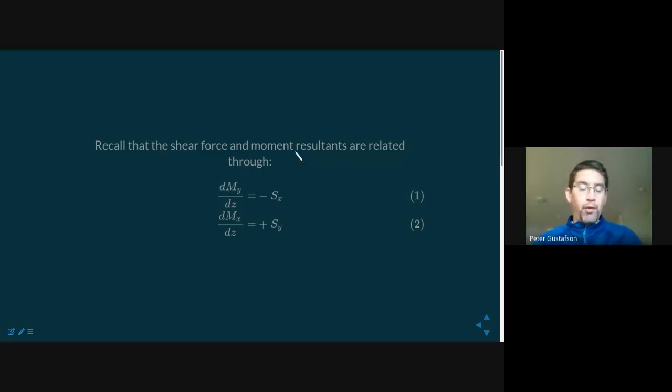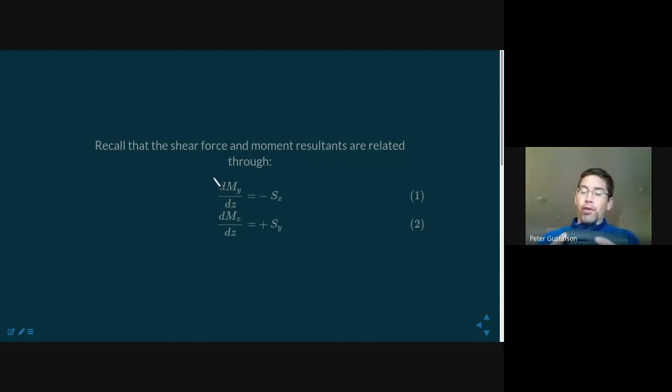Now, you probably remember from the bending lectures a couple of lectures ago that there's a direct relationship between the resultant shear force on the face, Sx, and the resultant moment on that face. In practice, it's actually the derivative of the resultant moment on that face with respect to the z-axis.